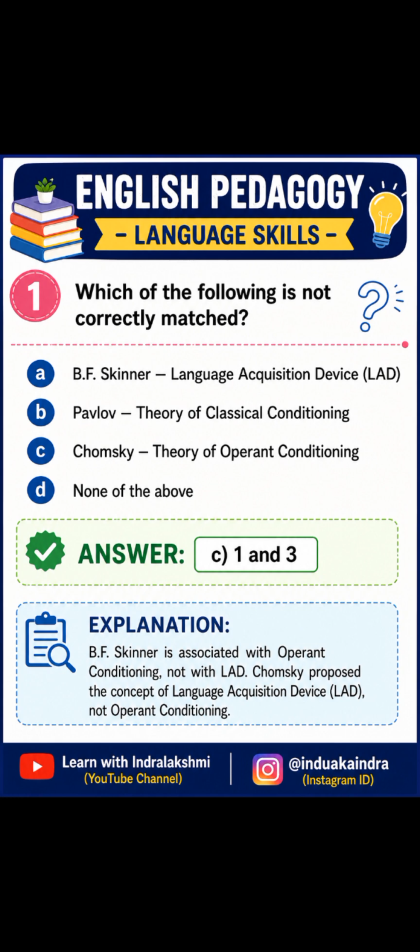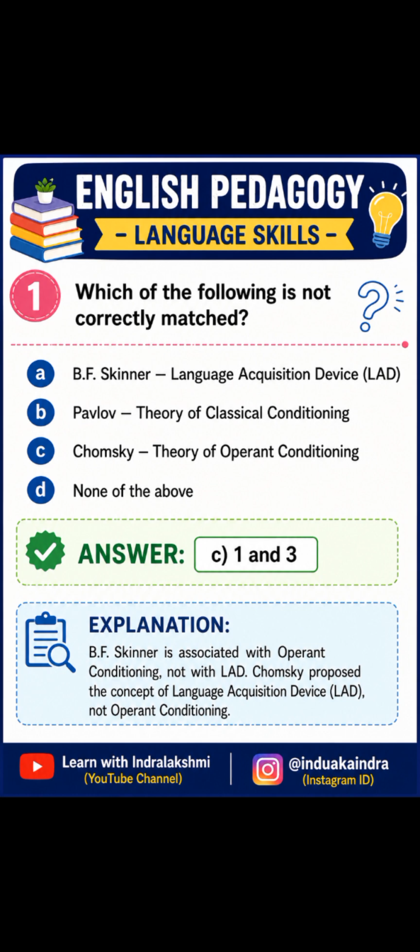They are asking which of the following is not correctly matched. Here, they are mentioning B.F. Skinner to LAD. Actually, Chomsky is the person who proposed the concept of LAD, not B.F. Skinner. B.F. Skinner is the person who played a role related to operant conditioning.